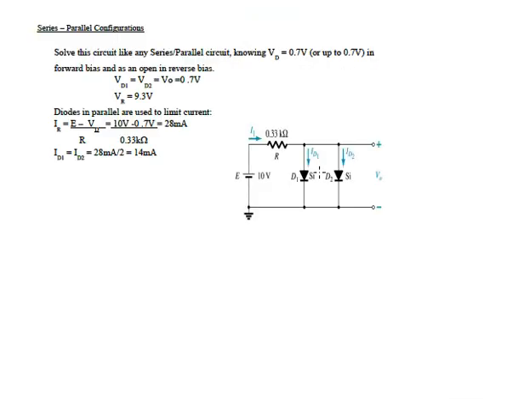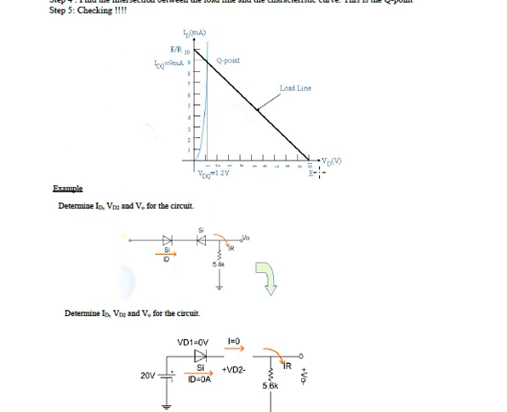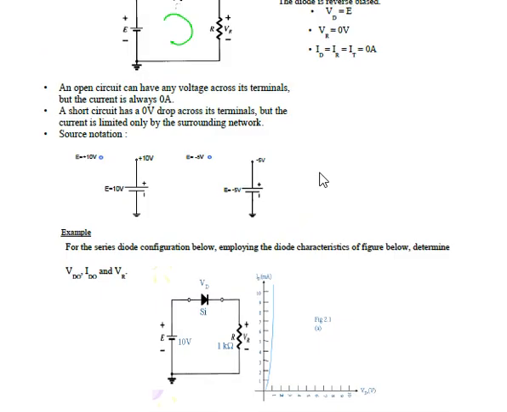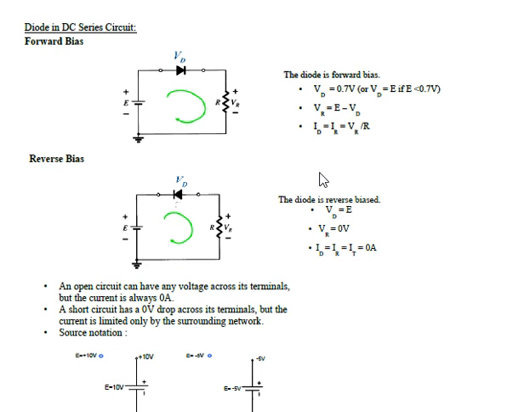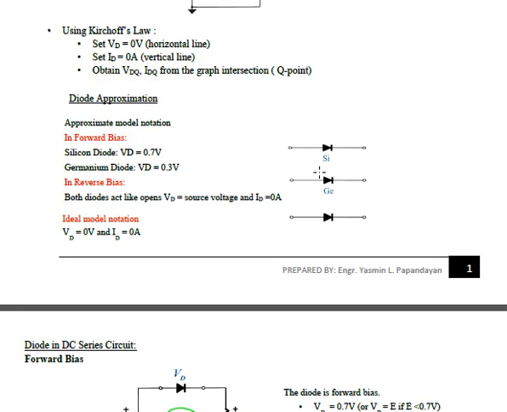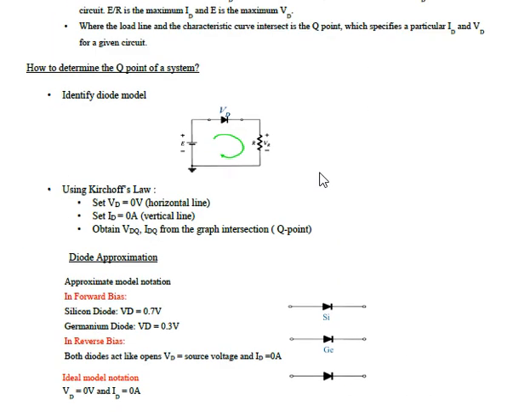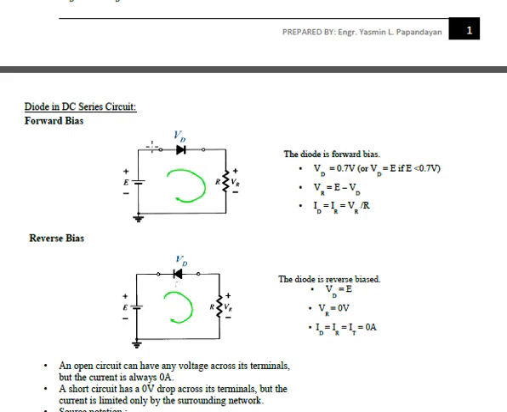So as for summary, once again, pag ang condition natin kay forward bias, ibig sabihin, the positive terminal here is connected to the source voltage and its negative terminal is connected to the resistor. Ibig sabihin forward bias na yun siya.